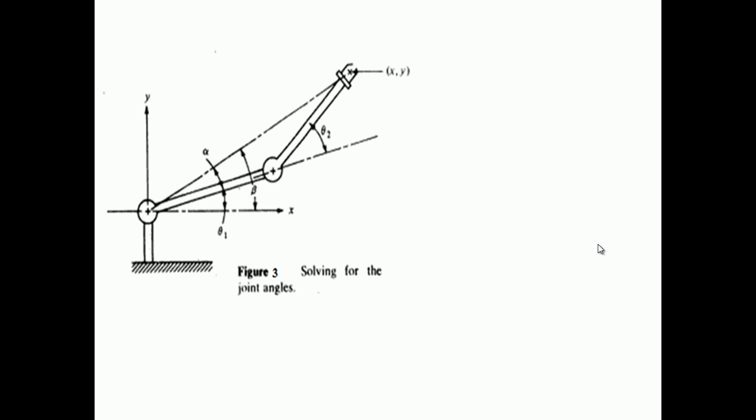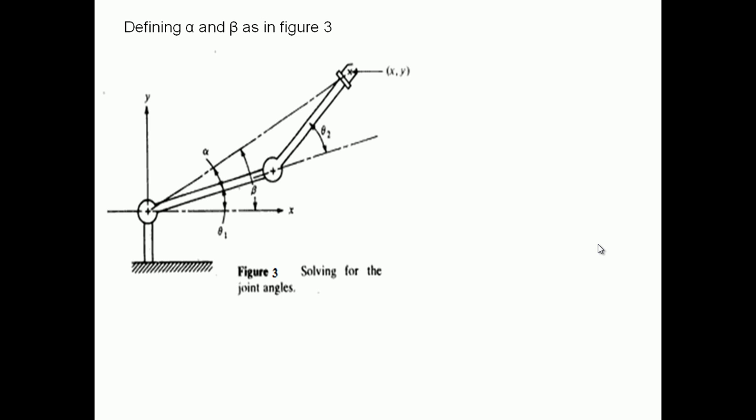To calculate theta 1, draw the schematic diagram with respect to alpha and beta. It is the same diagram, just a schematic diagram, and you can modify it. Alpha is the angle which the diagonal makes with link 1 at the horizontal.